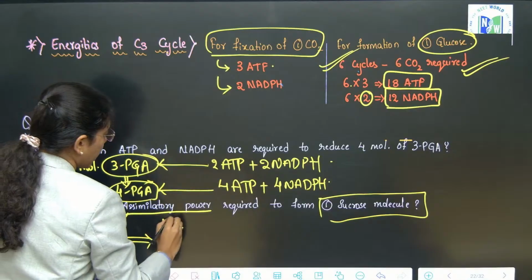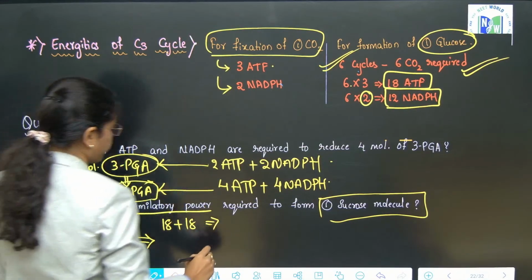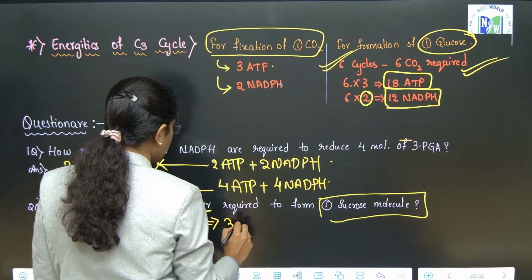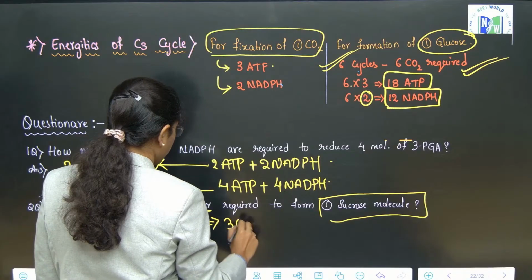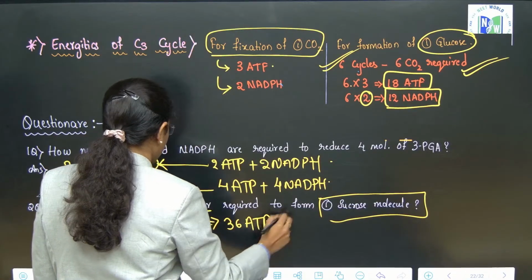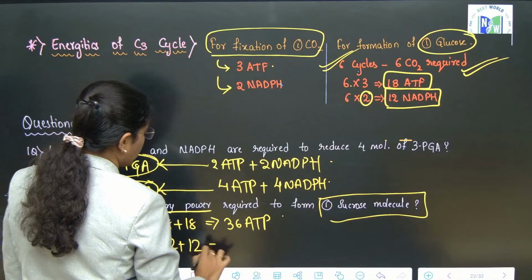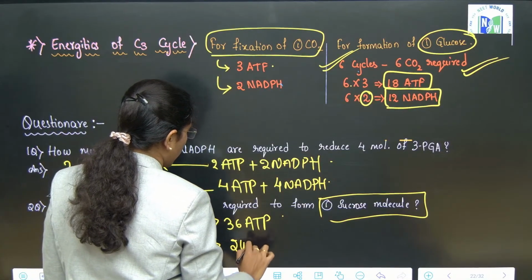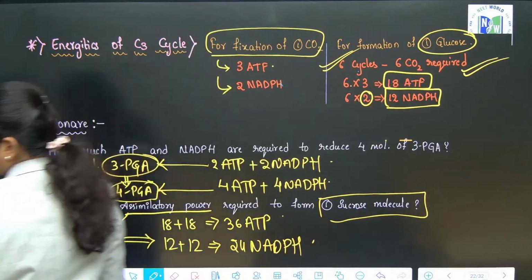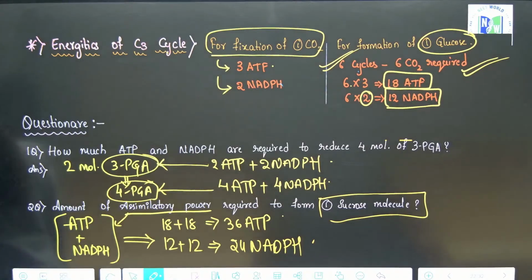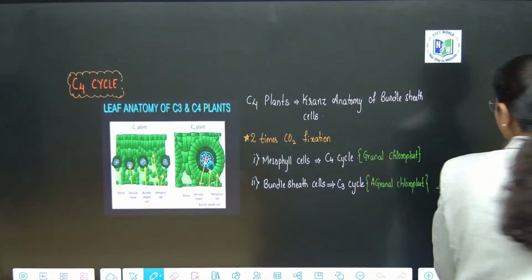Sucrose will be 18 plus 18, 36 ATP, and NADPH 12 plus 12, which is 24 NADPH. Clear? Any doubt anywhere? Clear till here? This is all about the C3 cycle.